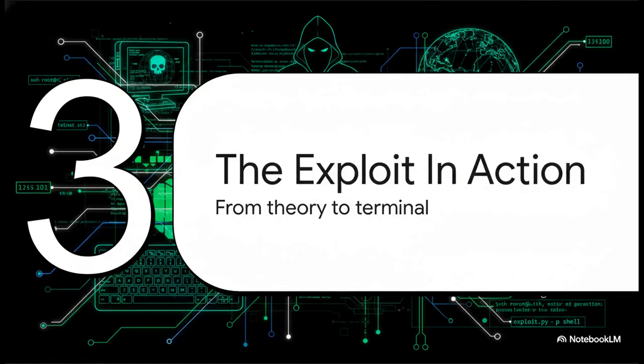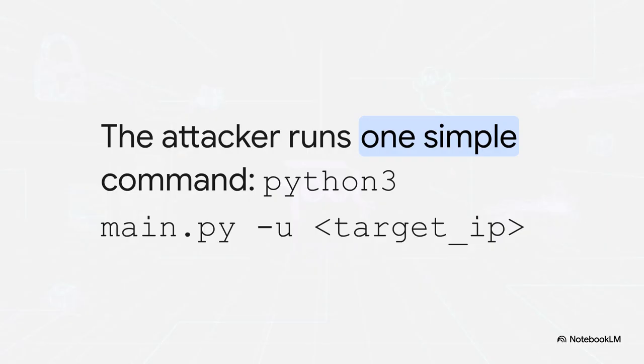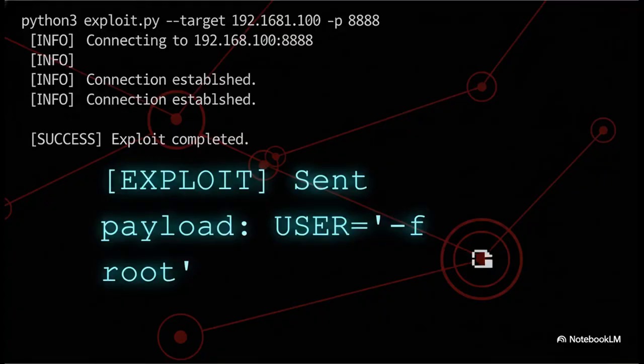Okay, theory is one thing, but let's see what this actually looks like from behind the attacker's keyboard. Let's put this into action. An attacker just grabs that public proof of concept script, points it at a vulnerable IP address, and hits enter. That's it. One command. This script does all the heavy lifting, handles the whole negotiation process automatically, and you can see it right there in the output, just confirming, yep, payload sent successfully.